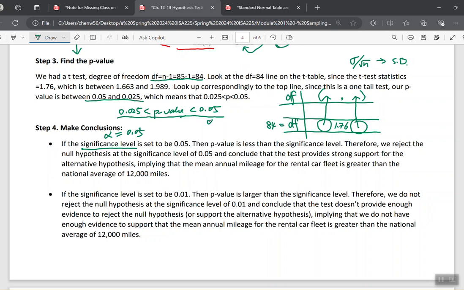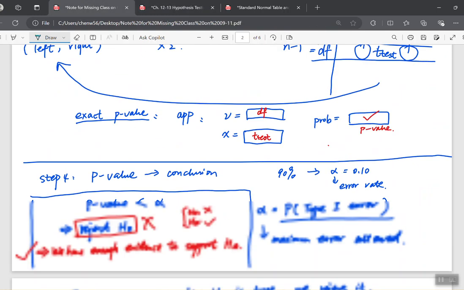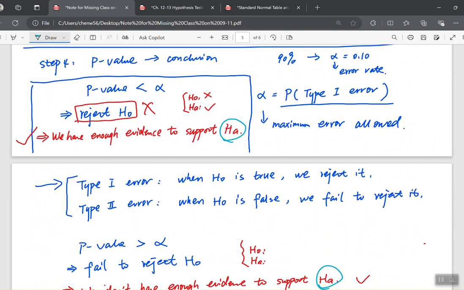So that means here is my alpha. Of course, what is the relationship? That means your p-value is less than alpha, right? So if your p-value is less than alpha, then what is the conclusion? Let's look at our rejection rule, right?